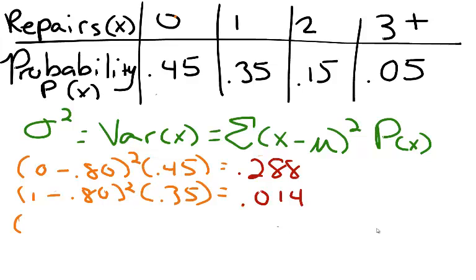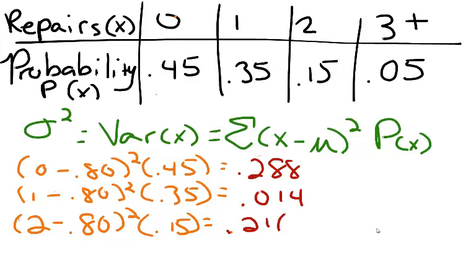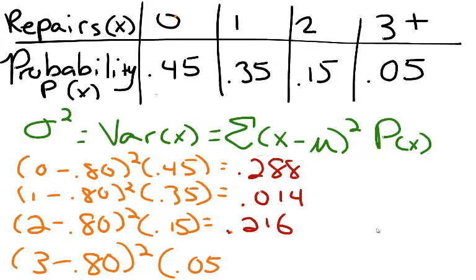We repeat the process with the random variable 2. 2 minus 0.8 squared times 0.15 is equal to 0.216. And finally, 3 minus 0.8 squared times 0.05 is equal to 0.242.